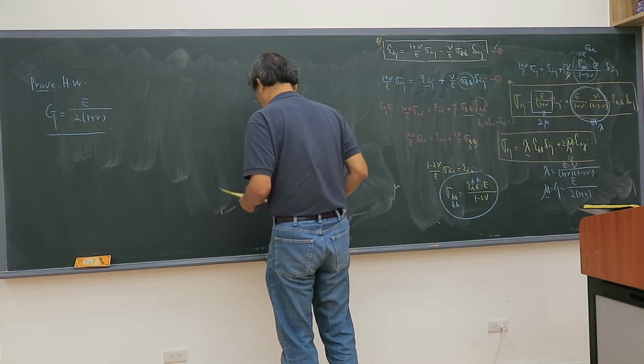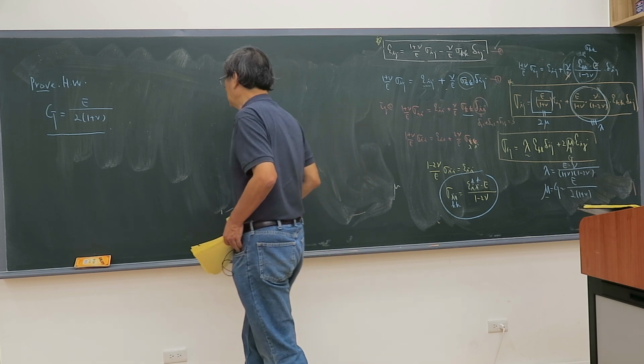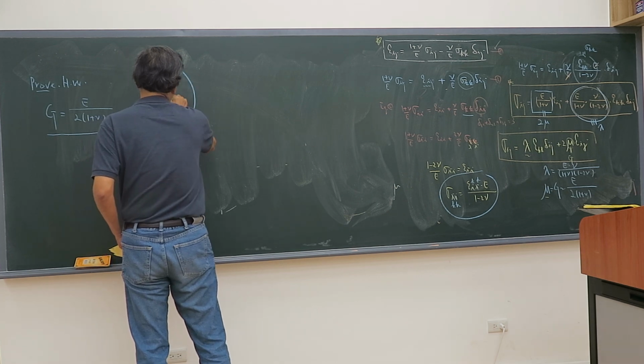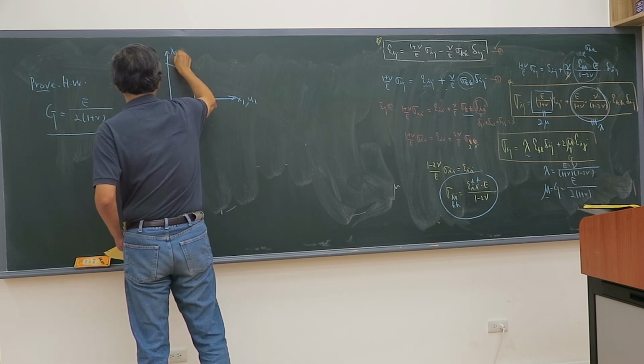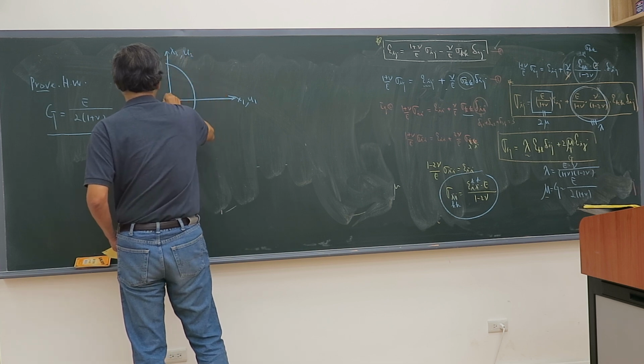Now, go back to the problem I have shown you. This is x1. We have u1, and x3, u3 displacement, and u2.